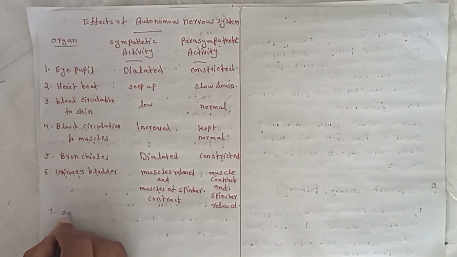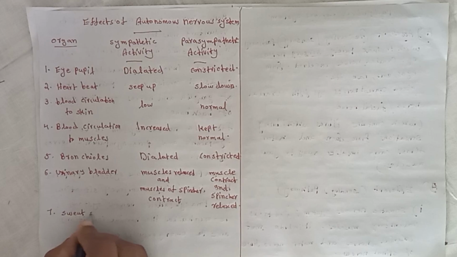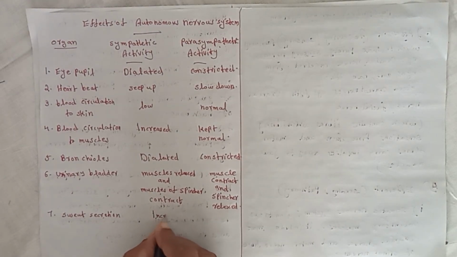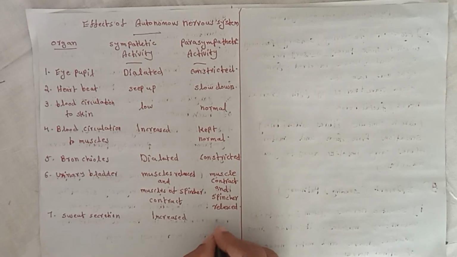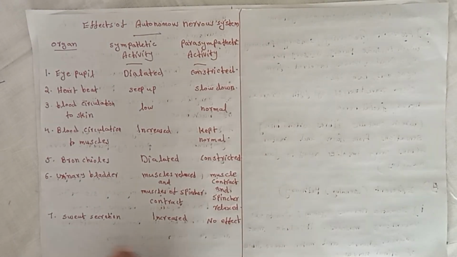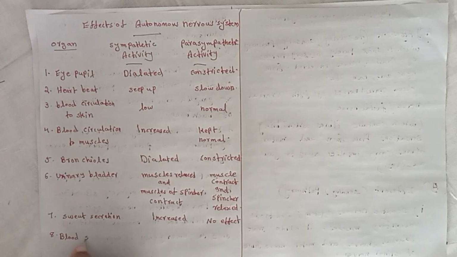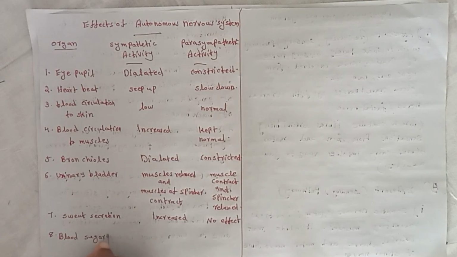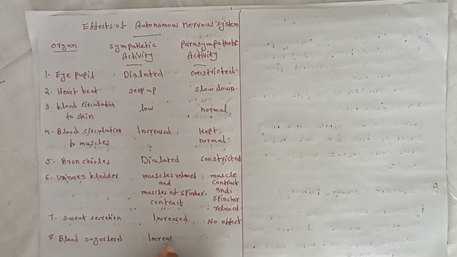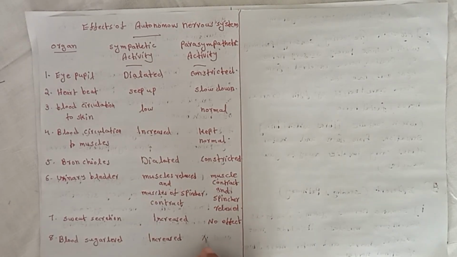Seventh, sweat secretion: increased, no effect. Blood sugar level: increased, no effect.